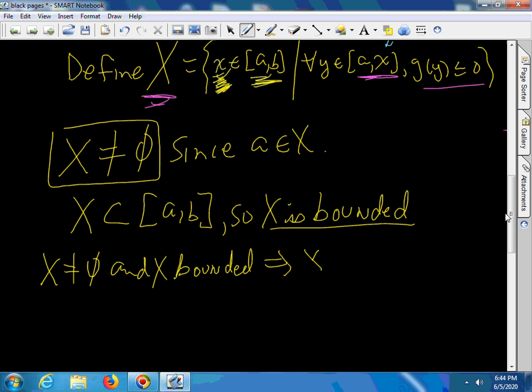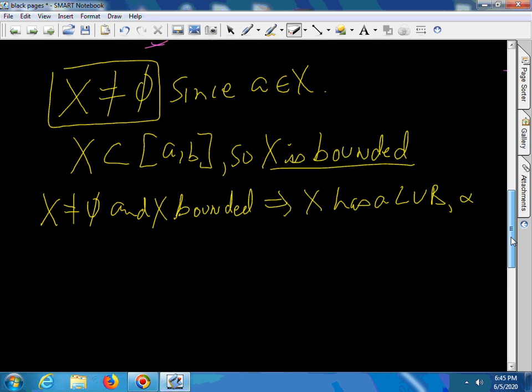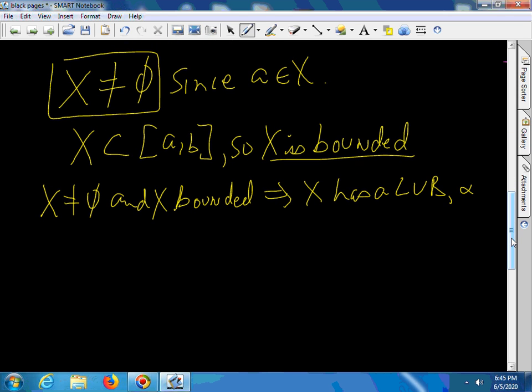That implies X has a least upper bound. We'll call it alpha. X has a least upper bound. And this is where the proof really starts. I claim g of alpha is 0.